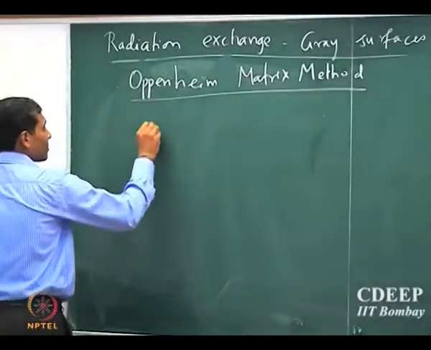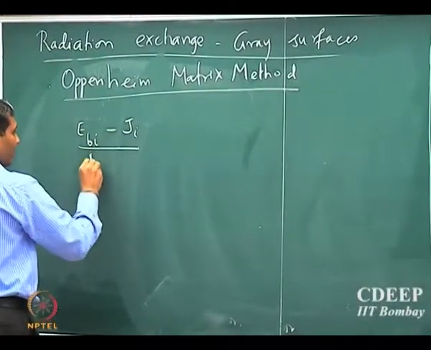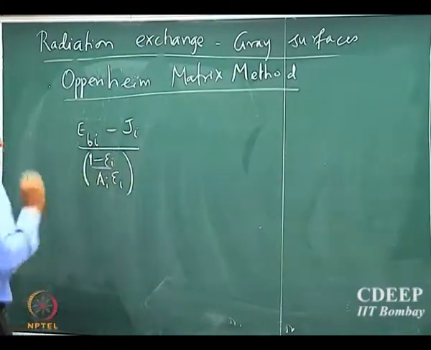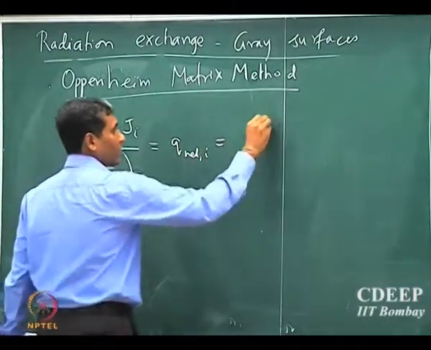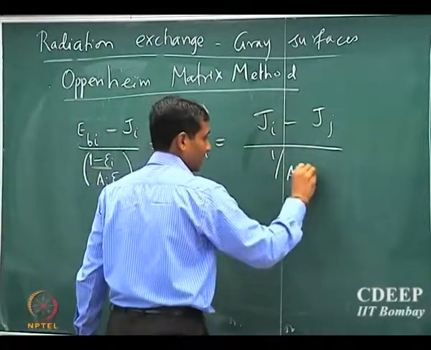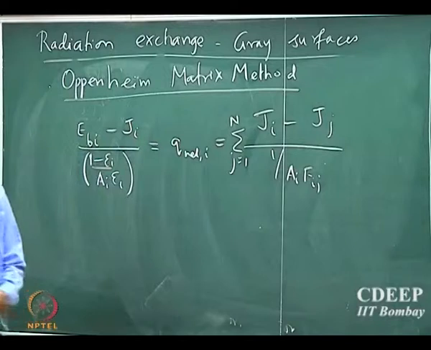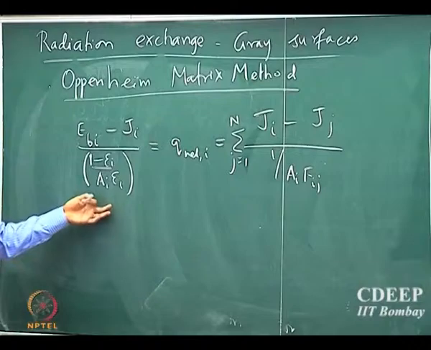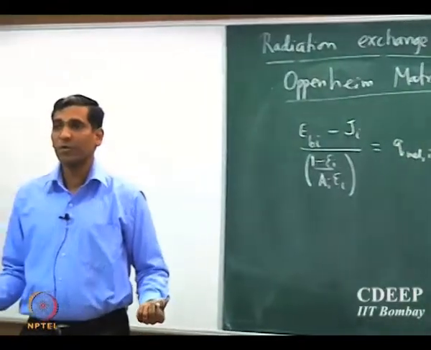So we have the energy balance, (EBi minus Ji) divided by (1 minus epsilon i) by (Ai epsilon i), that is equal to Q net i, equal to Ji by 1 by summation over j. This is the emission from the surface with respect to its own properties, and this is the radiation exchange between that surface and all the other surfaces in the enclosure.